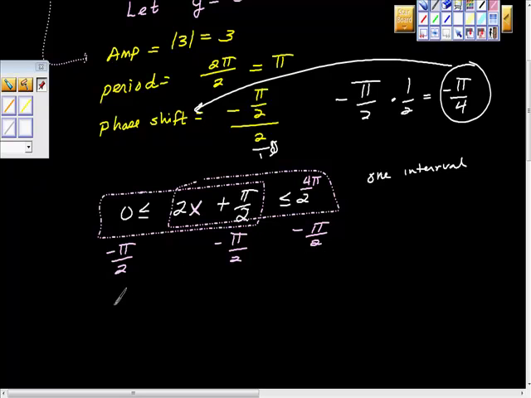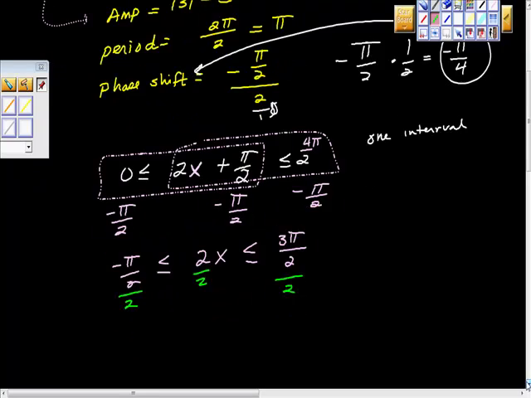So when we solve this, we get negative pi halves is less than or equal to 2x, which is less than or equal to 4 pi halves minus pi halves, which is 3 pi halves, isn't it? And then we don't want 2x, we just want x, so I'm going to divide everything by 2. The middle part is pretty clear.